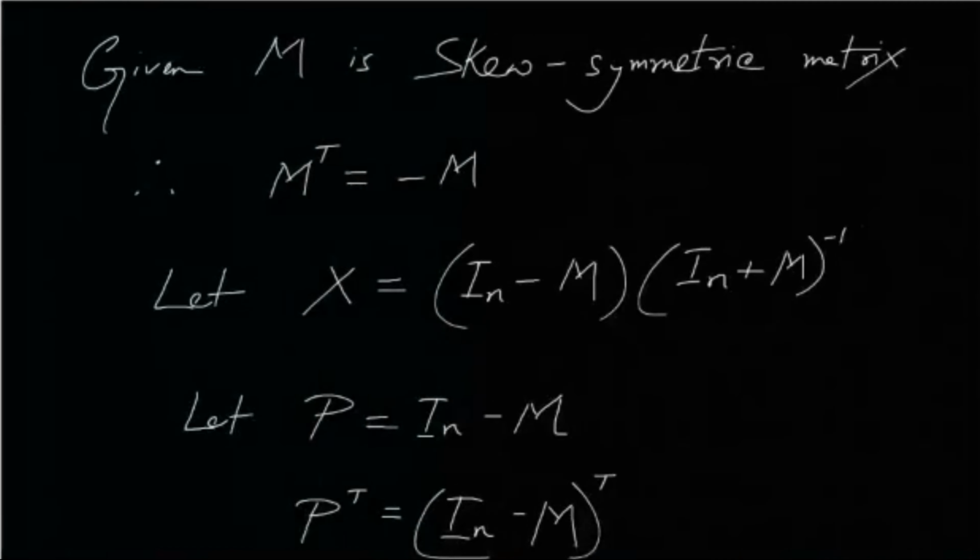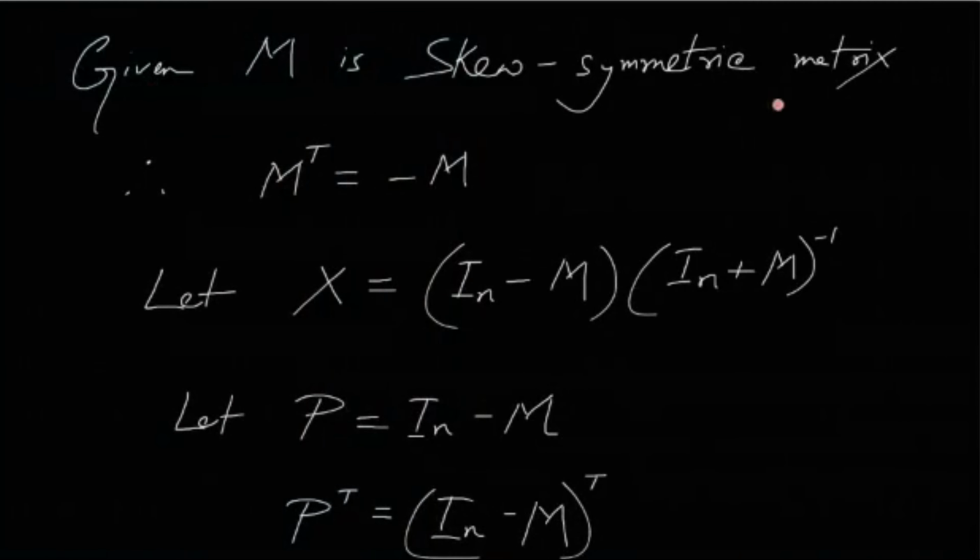Given that M is a skew symmetric matrix, that means M transpose is actually minus M. This is the property of skew symmetric. So let X be the given matrix, I minus M into I plus M whole inverse. And let P be the matrix I minus M. I_n just means the identity matrix of order n cross n.